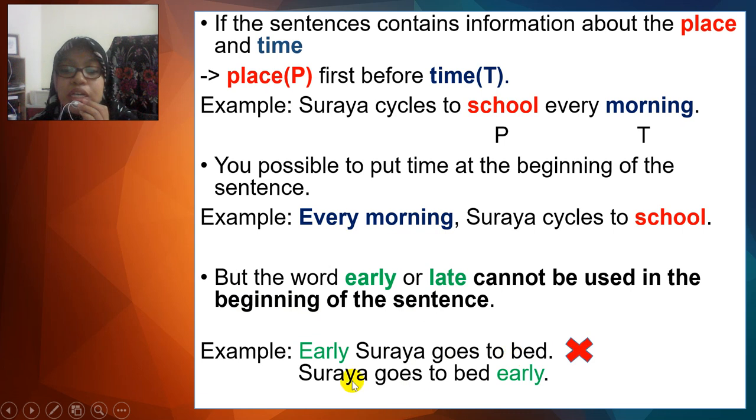Okay, yang betul adalah Suraya goes to bed early. Ataupun Suraya goes to bed early in the morning. Suraya tidur awal pagi. Okay, it's okay. So, Suraya goes to bed early.